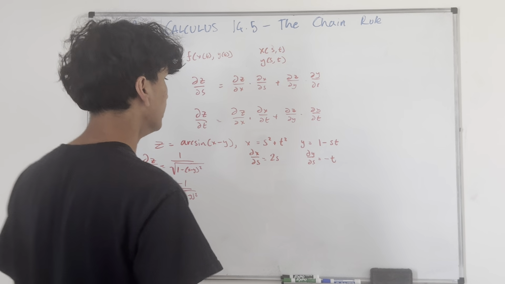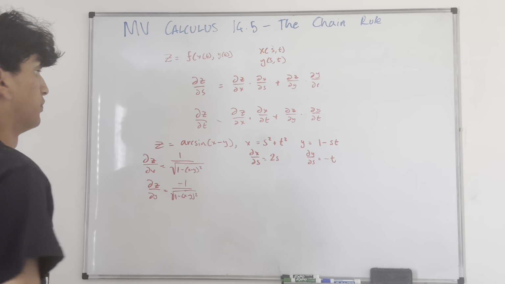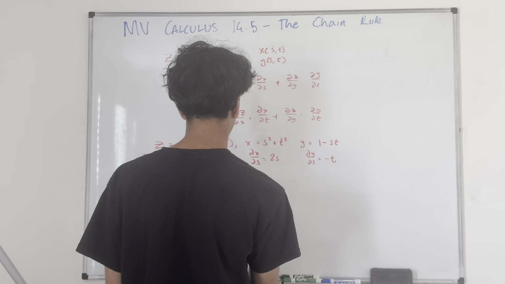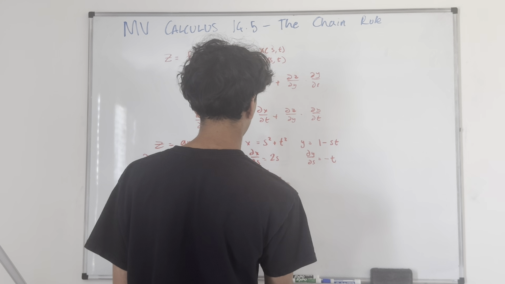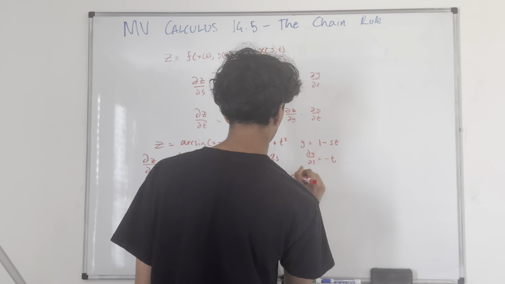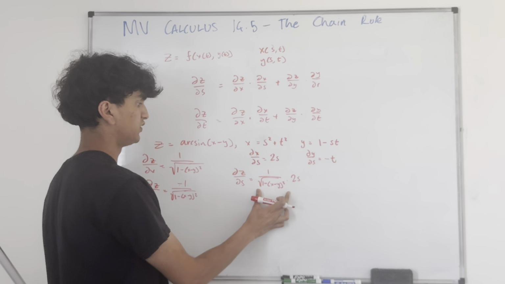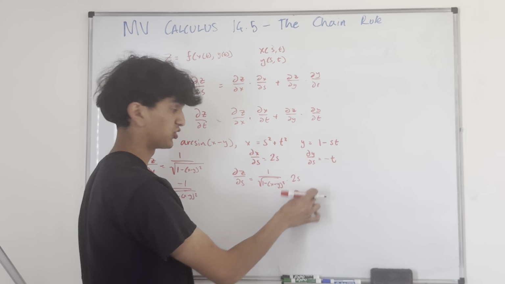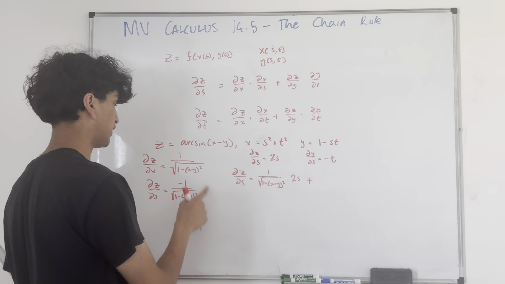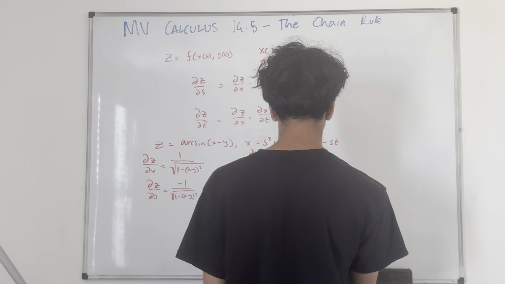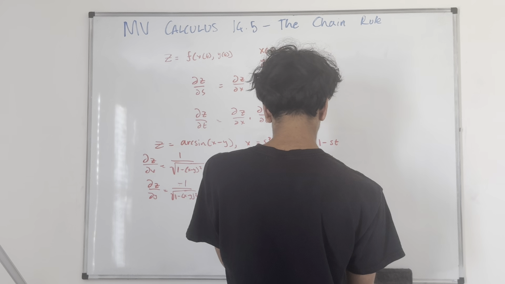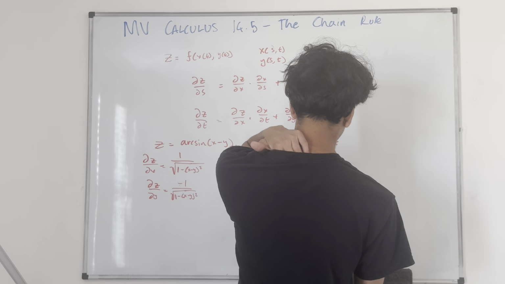So what we can do now is build up our little formula here. I have partial z partial s, which will equal 1 over root 1 minus x minus y squared multiplied by 2s. I'm doing partial z partial x multiplied by partial x partial s, plus partial z partial y times partial y partial s. Because I'm taking this negative multiplying by negative, I get 1 over root 1 minus x minus y squared times t.